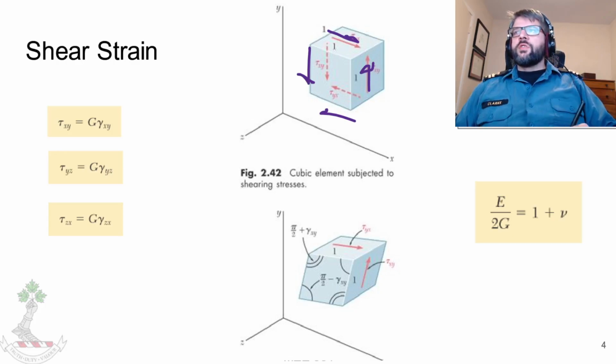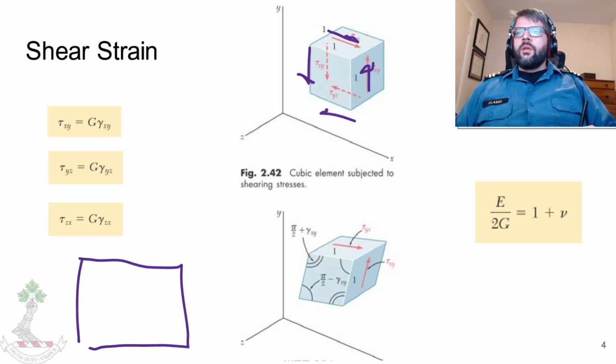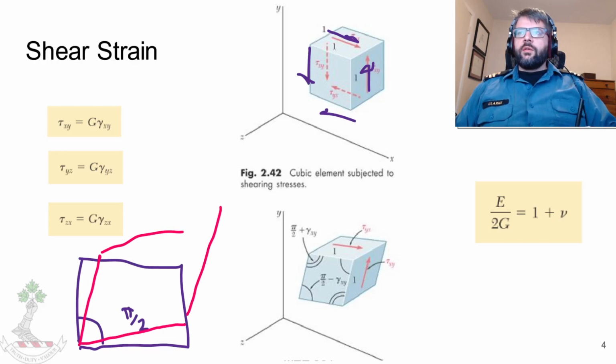If the original angle here was 90 degrees or pi over 2, and then we distort it so it looks more like this, this new angle here is going to be pi over 2 minus gamma.